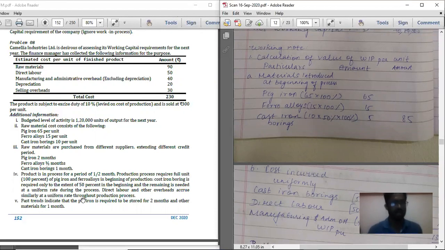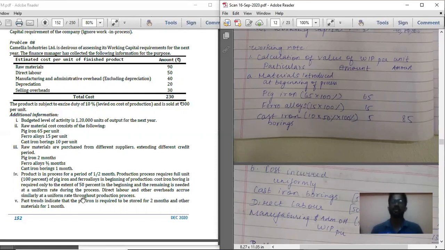Suppose the given amount is 10 rupees of cast iron borings for 1 unit. Out of that, 5 you should give in the beginning itself, and the remaining 5 you are going to give through the entire year at regular intervals. So the 5 which we are giving in the beginning should be included in the materials introduced at the beginning of the process.